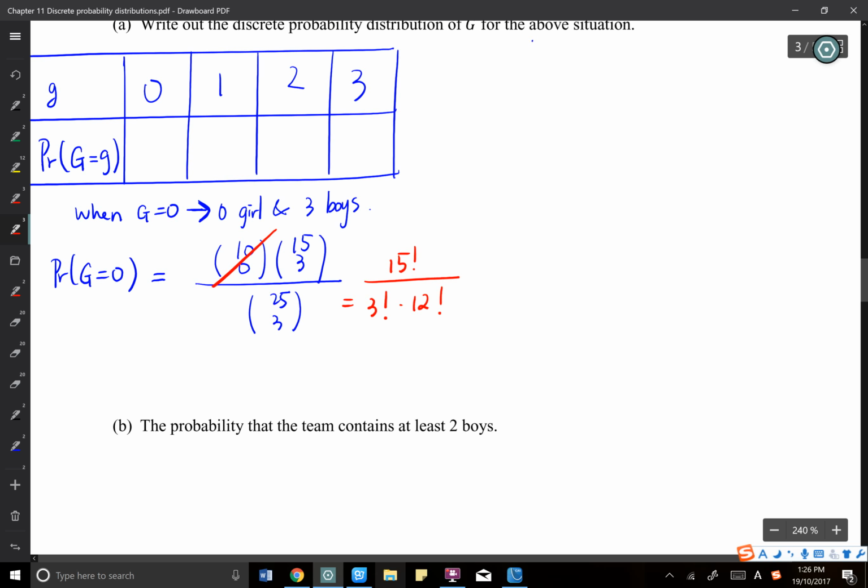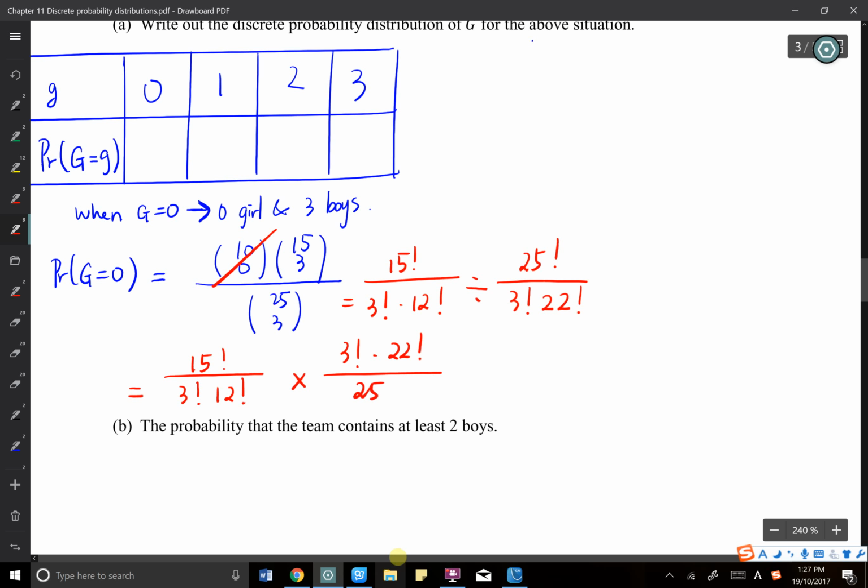The numerator is 15 factorial, and the denominator is 25 factorial over 3 factorial and 22 factorial.